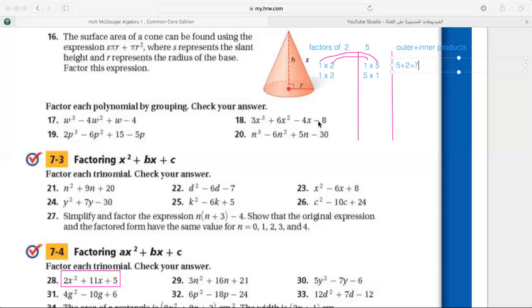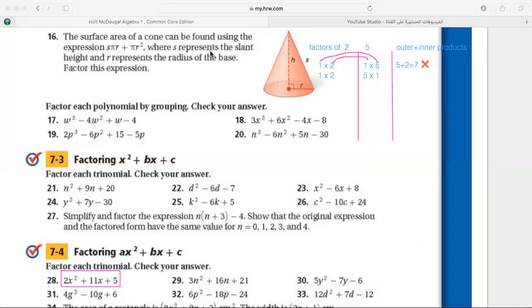Is 7 the middle term? What is the middle term here, Tala? 11. Okay, so 7 is not this one. It is wrong. I will not use it. So next, let's try this one.